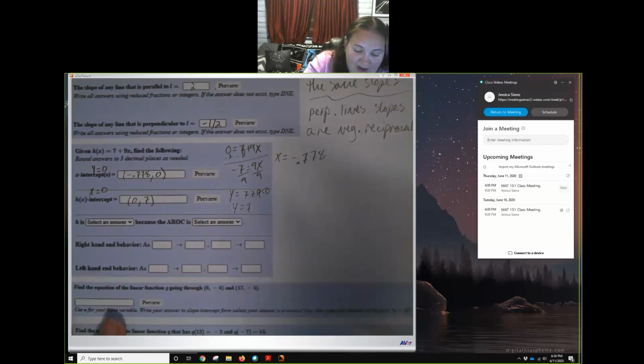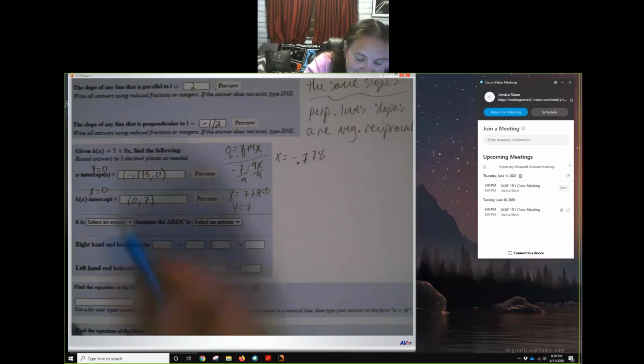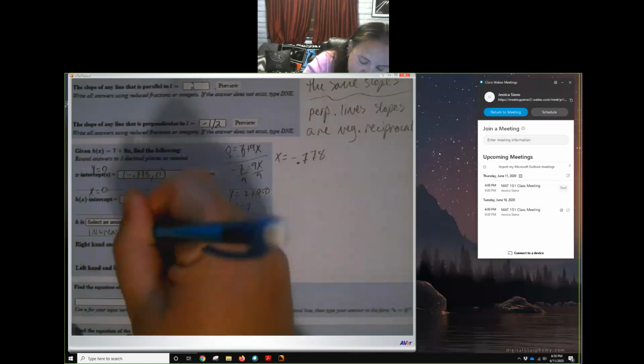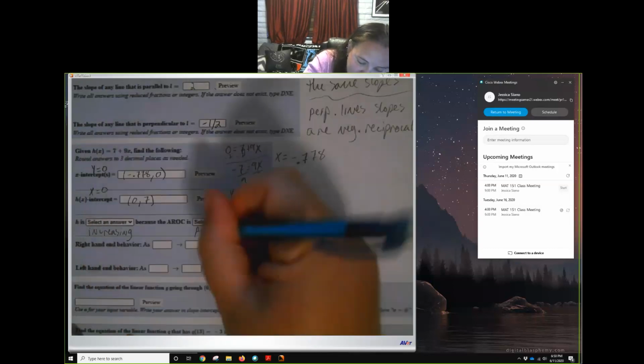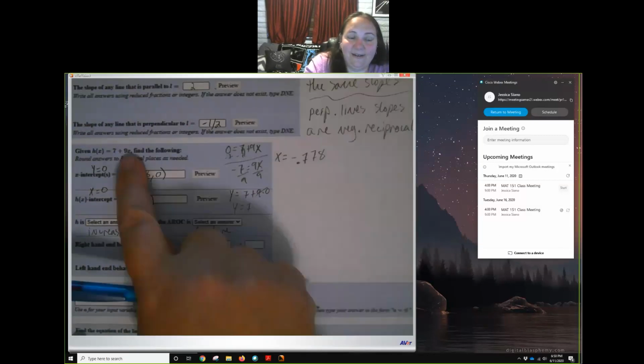Now, for these drop downs, your options here are increasing or decreasing. In this case, h is increasing because your rate of change is positive. Your slope here was 9. And a slope of 9 is positive.